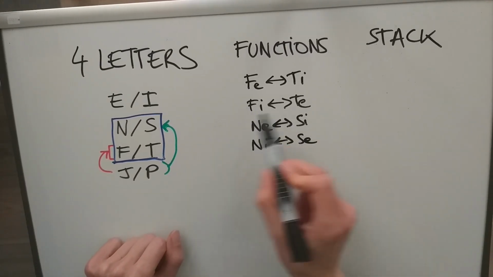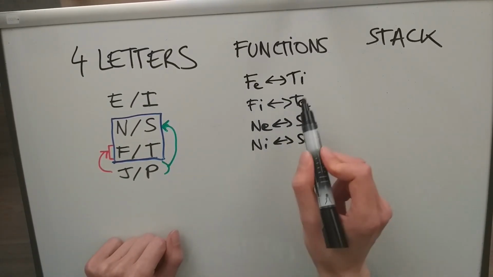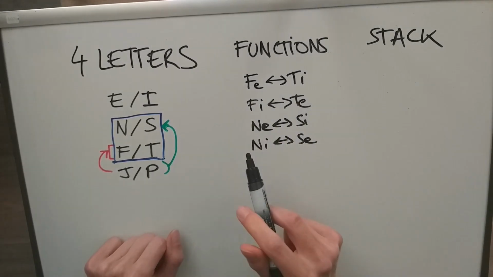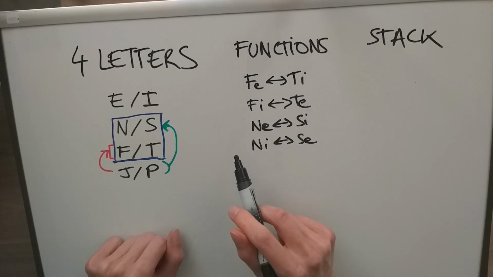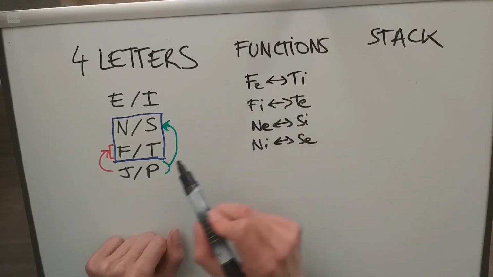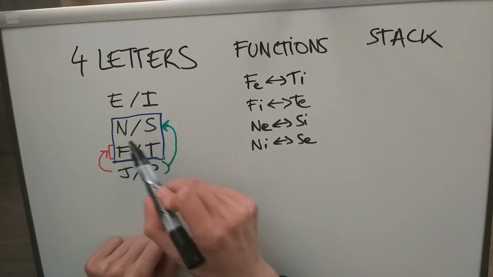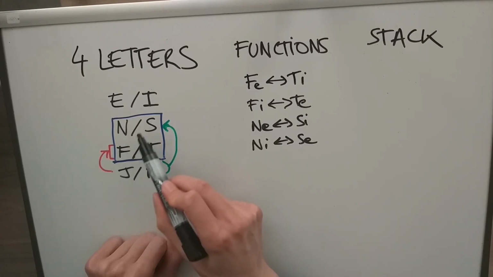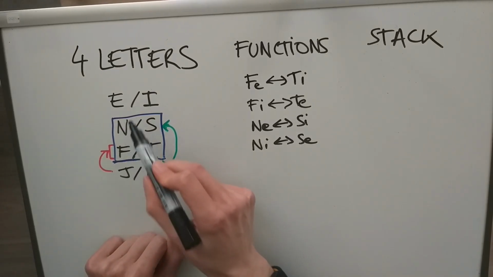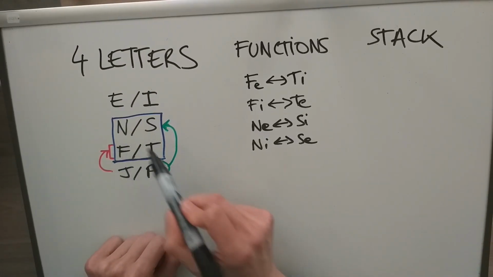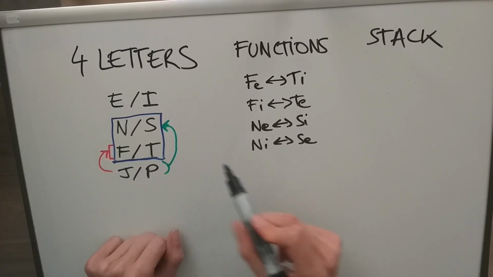Okay, so these functions will always be associated within a type, right? They always work one with the other. And you've got one of each, right? We've got one function of each of these different letters, but what changes is which polarity, so introverted or extroverted. That's what changes, and the placement.